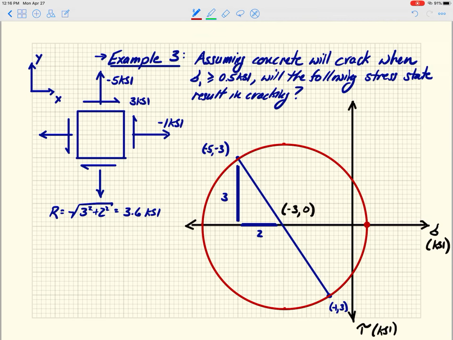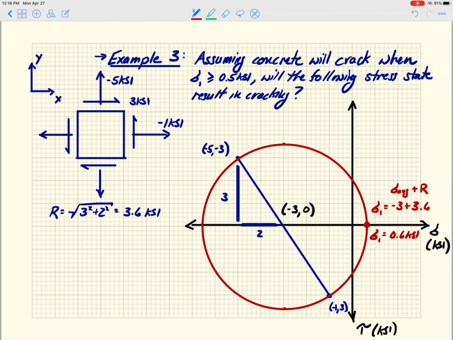So then I will get that sigma 1, which is right over here, is going to equal -3 plus 3.6. So this is sigma average, and this is plus the radius. So sigma 1 actually equals 0.6 KSI.